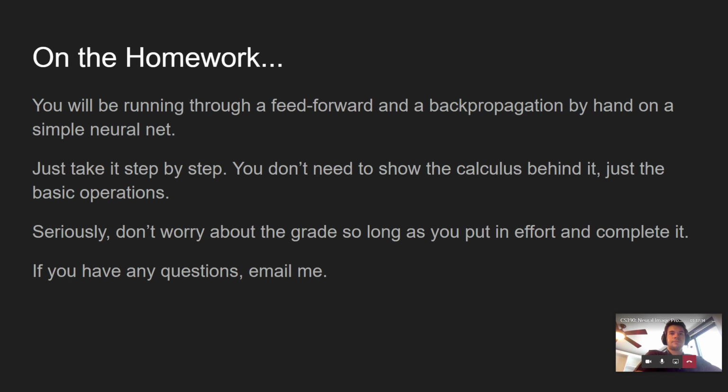Real quick before I move on to the homework, are there any questions still about that backprop? If you're confused at first, don't worry, just read through it a few times. It's a tough thing to understand, but it's important, and once you get it, it sticks a lot more.